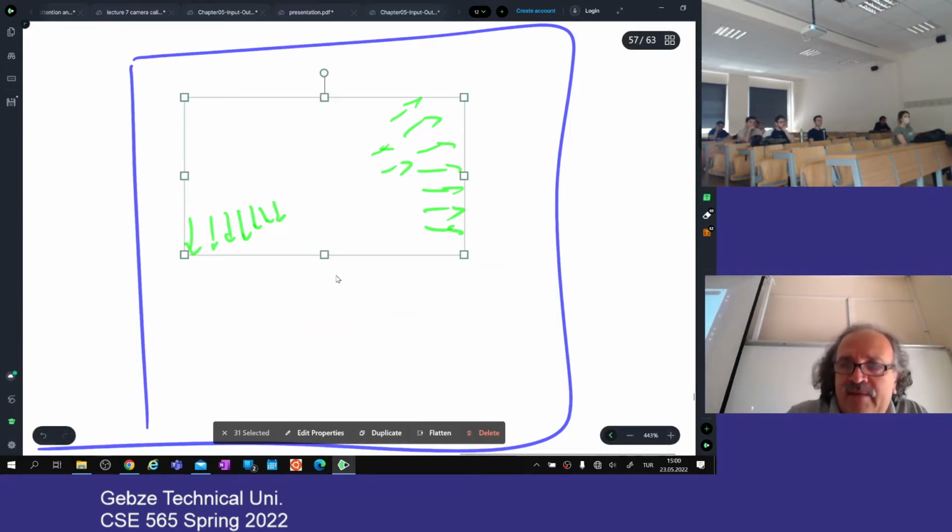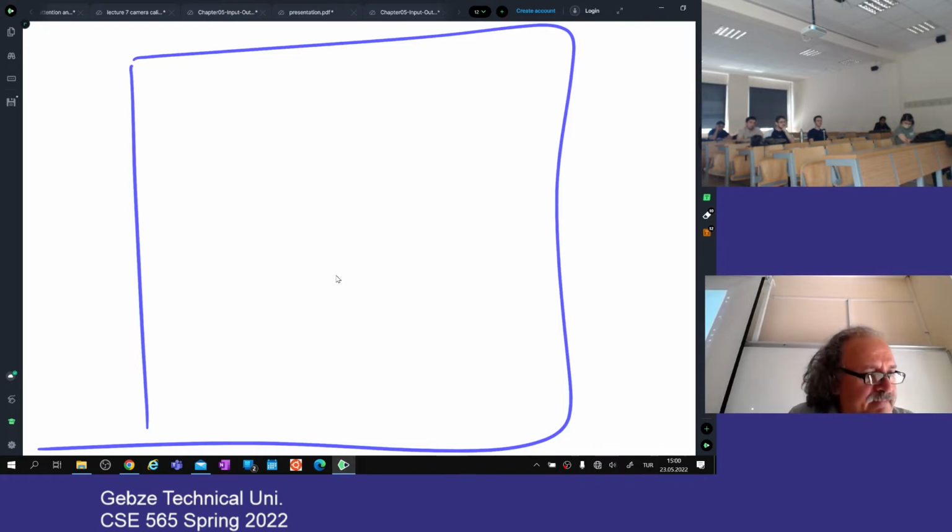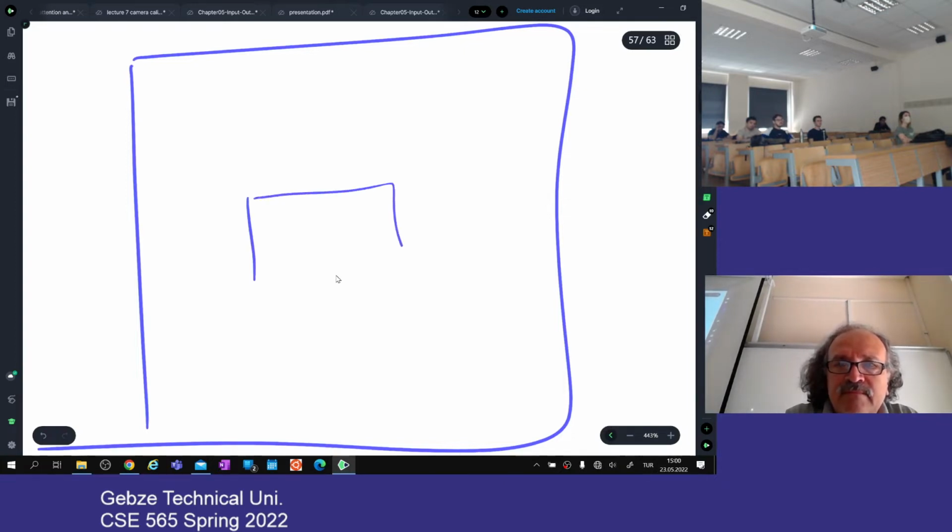Let's say I have an object like this, and it is rotating around this point. It just rotates around this point.